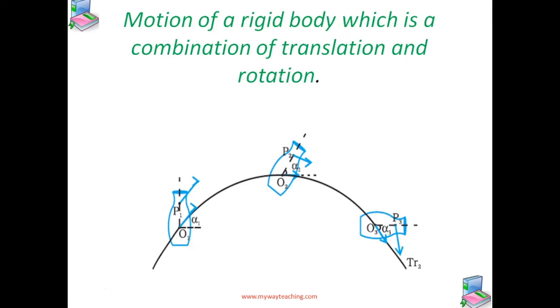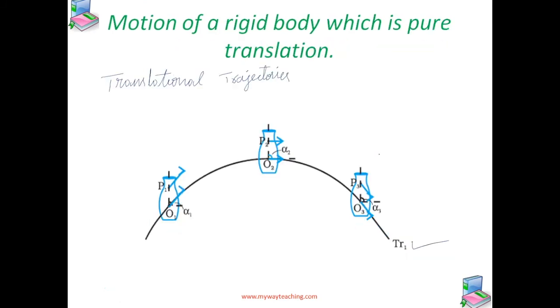here also and here also. And since this is an example of translation, the velocity of that particle at every instant of time is the same. At any instant, the velocities of any particles like O and P of the body are the same in pure translation. In case of orientation, that is OP, you can see here the angle OP makes with a fixed direction.